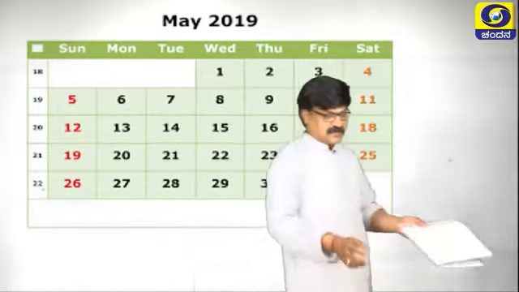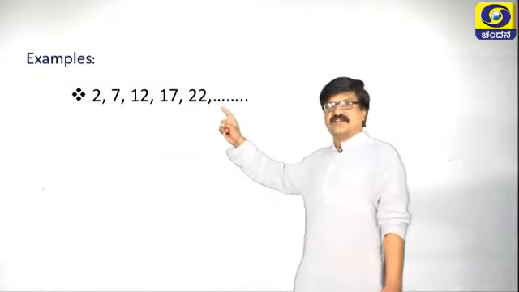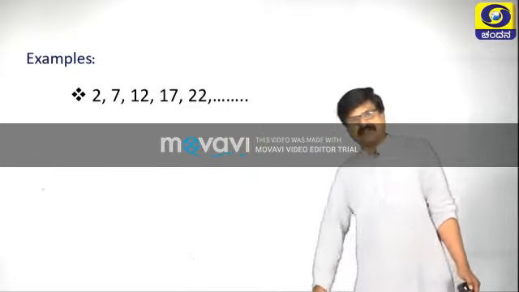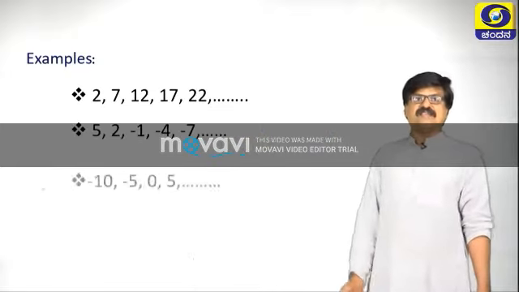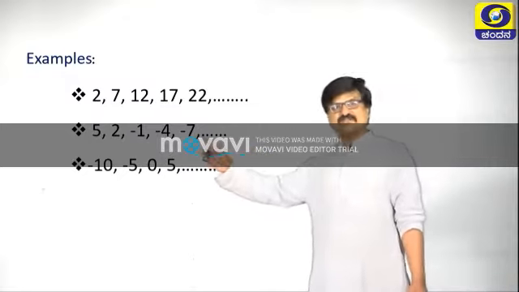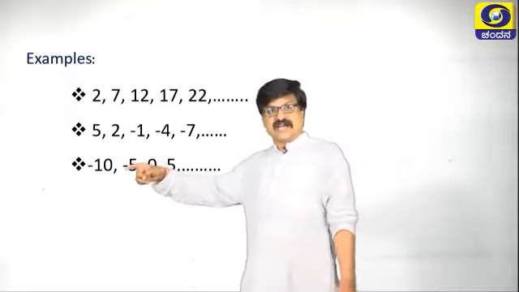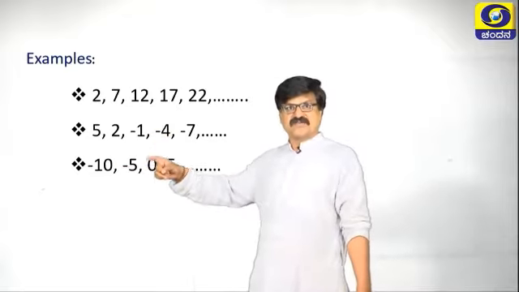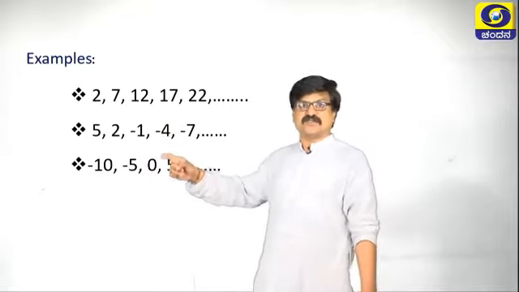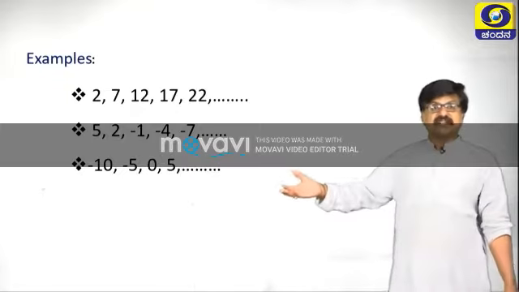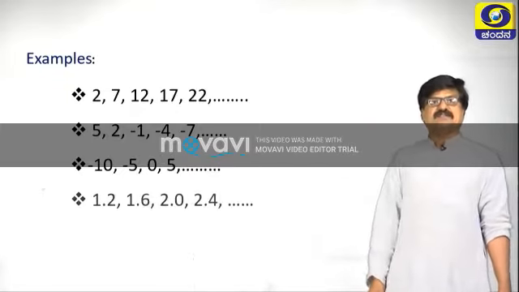So, the first example is 2, 7, 12, 17, 22 like this. The next one is 5, 2, minus 1, minus 4, minus 7. Similarly, if you take minus 10 plus 5, minus 5, minus 5 plus 5, 0, 0 plus 5, 5, like this we can consider one more example for AP.